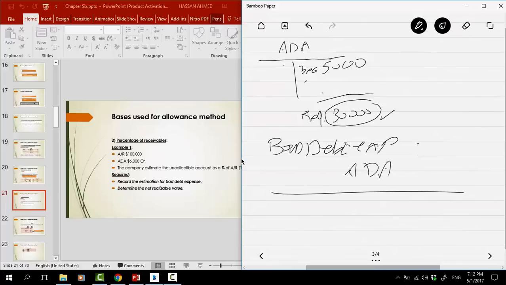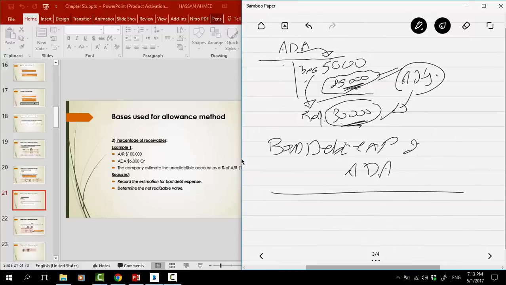Then we must make an adjustment for $25,000 in order to reach the estimation of $30,000, because the ADA already contains 5,000 recorded and my required balance now is 30,000. Then we will record bad debt expense and ADA with 25, not with 30. Why? Because I want to reach 30. Then I must make an adjustment with $25,000.